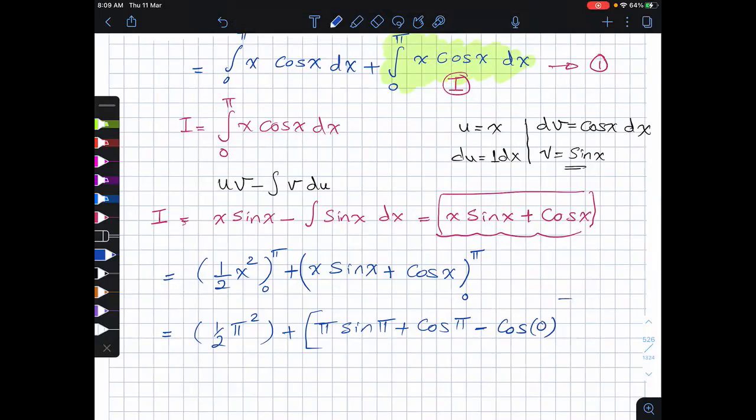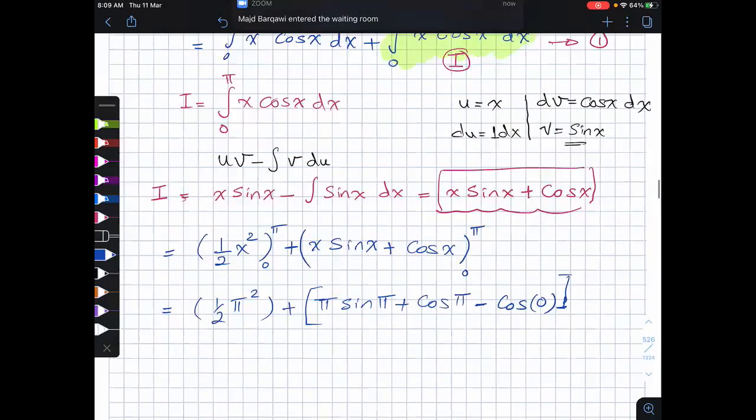So we have to take it into consideration. Don't say that it's 0 and omit it.